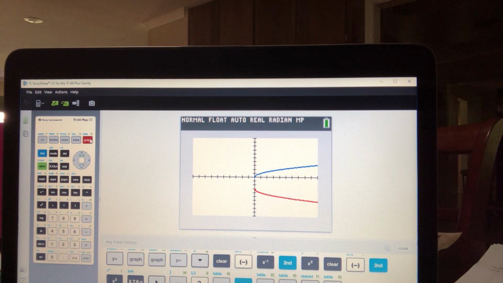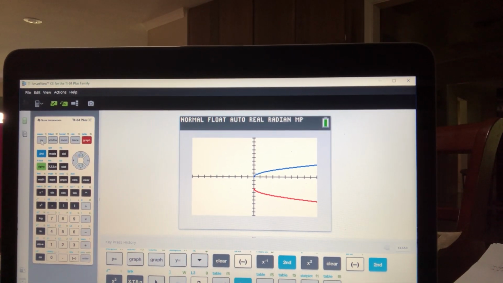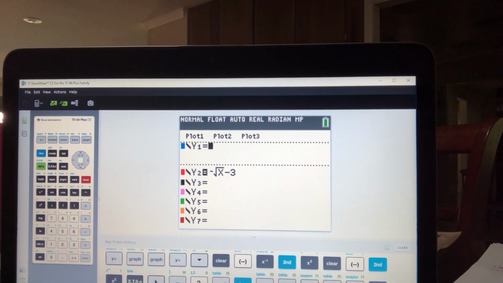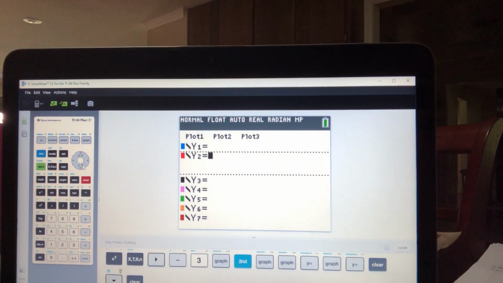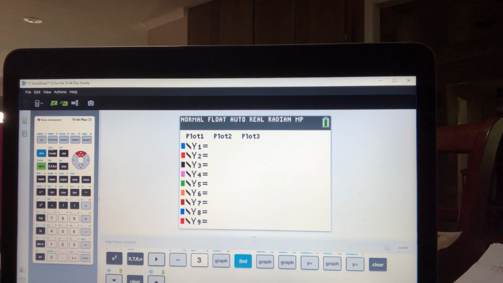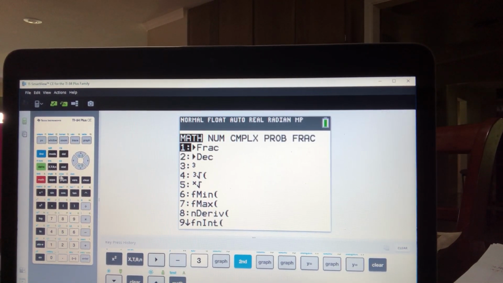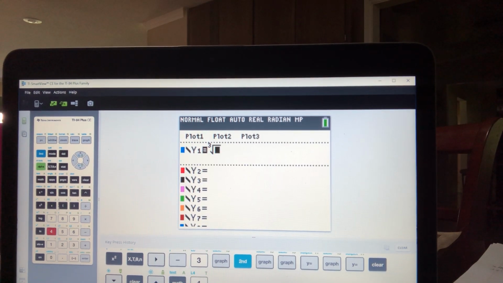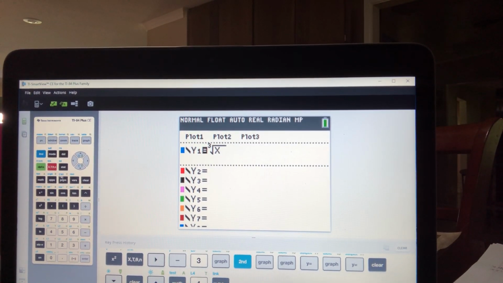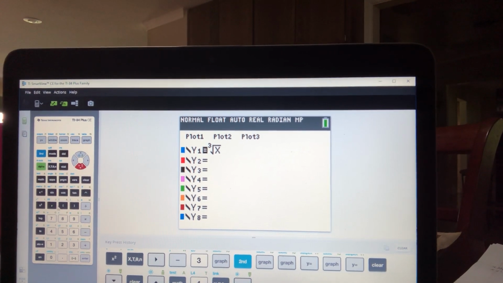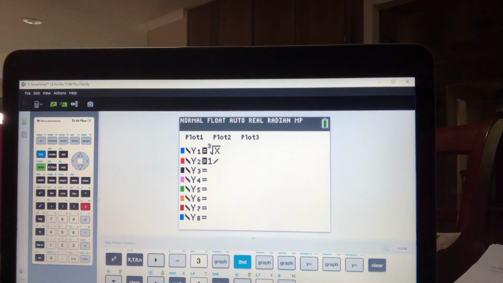Okay, so those two were square root graphs, so we're going to look now at cube roots. So I'm going to erase both of these now. We want to look at the original parent function for cube root. So go to math, and 4 is cube root, and put an x inside. That will be the original parent function. So for the new one, we have 1/2. Let's put in 1 divided by 2.